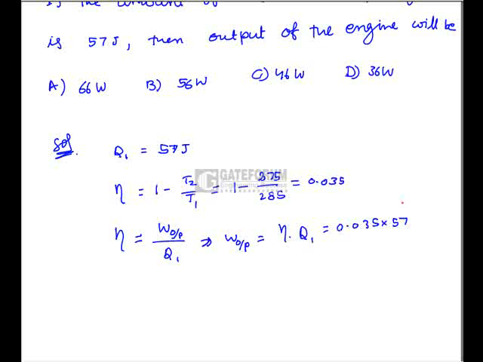It gives the result in joules, but we want it in watts, so the other information is that the engine executes 1080 cycles per minute, so that is 1080 by 60, which gives 36 watts, and the right option is D. D is the right answer.